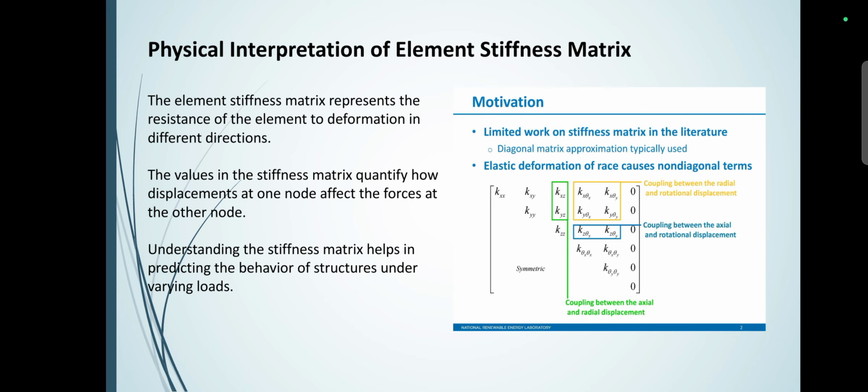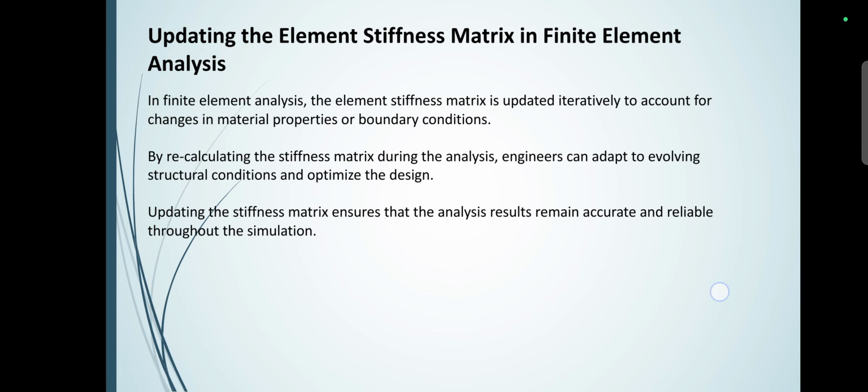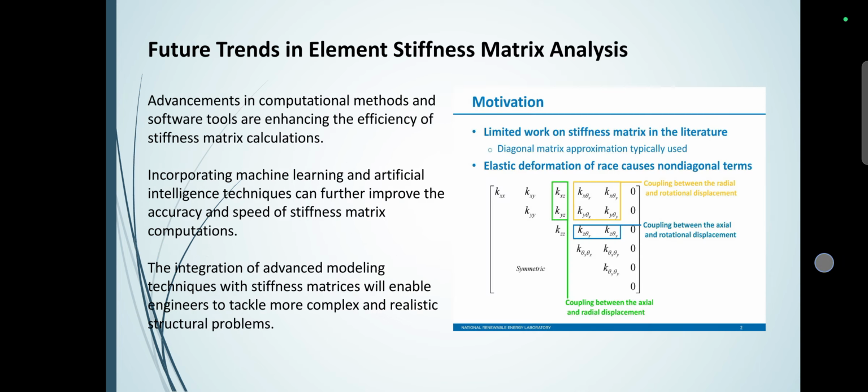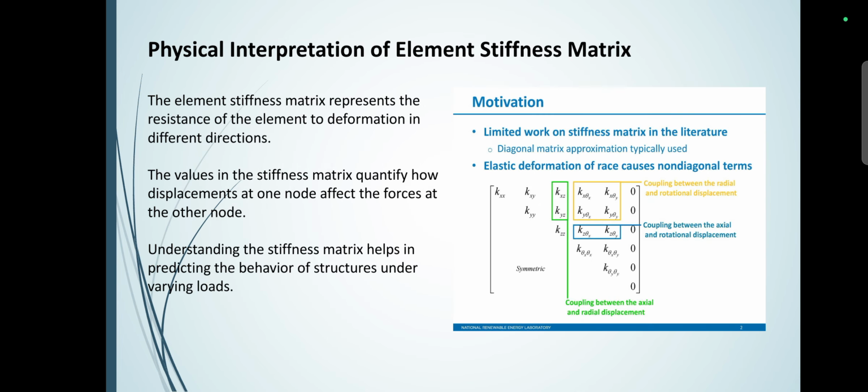Physical interpretations of element stiffness matrix. The element stiffness matrix represents the resistance of an element to deformation in different directions.